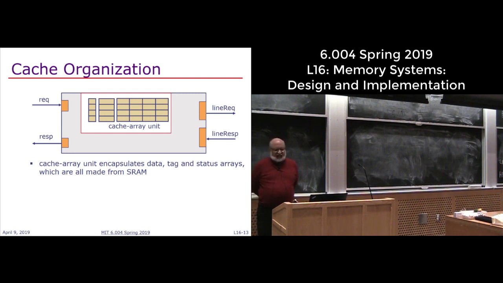Now, peeling the next layer, I want to look at the cache organization. You already know that it has two methods talking to the processor side and two methods talking to the back-end DRAM. Inside it, there is a very important unit which I'm going to call the cache array unit, or simply CAU. What else is there?